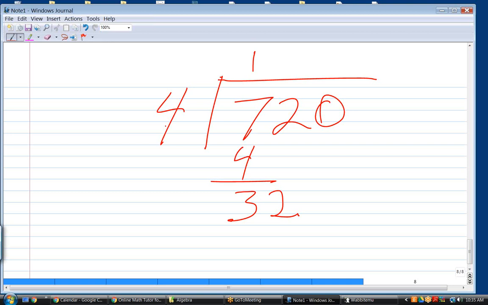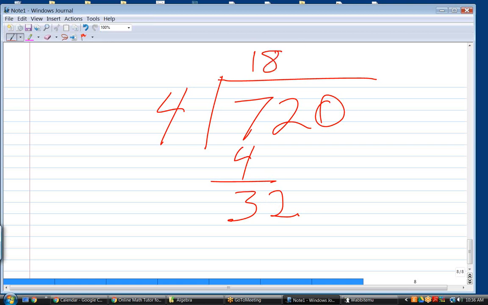Now 4 goes into 32 how many times? 8. Use your calculator here. In other words, if you use your calculator and you divide 32 by 4 and you get a whole number, that's the answer.